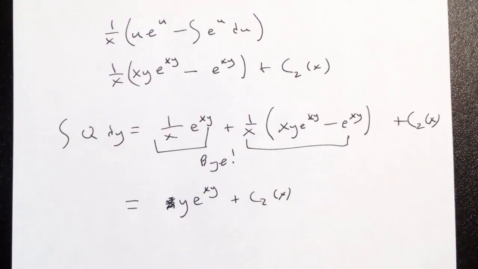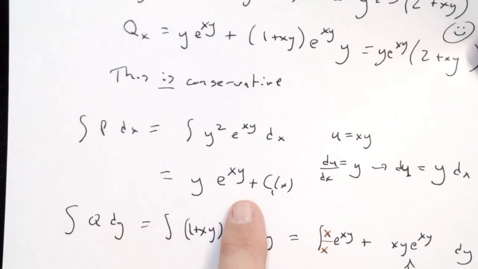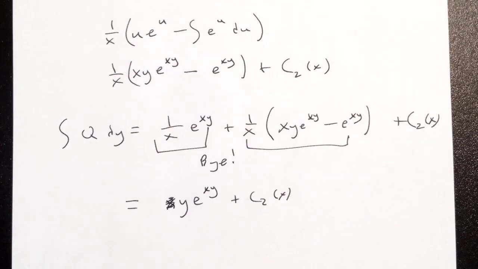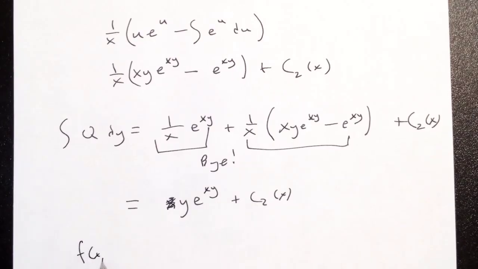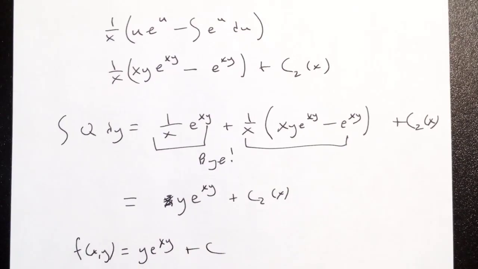So really I end up with that. Yes? Wait a minute. What was the integral of p dx? The same thing. So do I have to add anything? This time, my potential function is y e to the xy plus a constant.